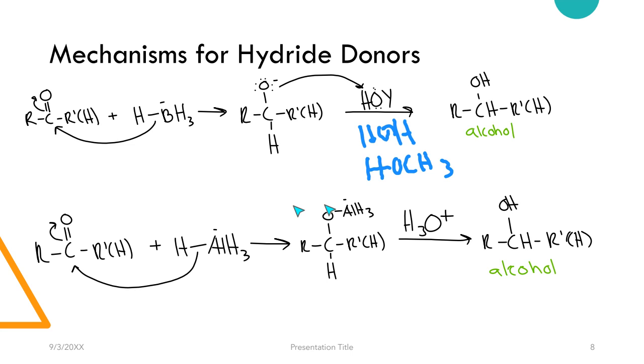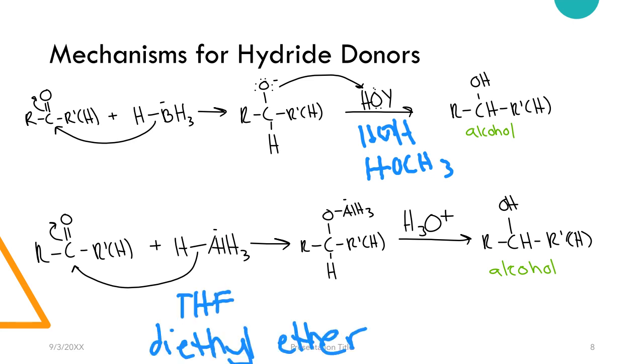And with the aluminum hydride, you can use a non-protic solvent, THF or diethyl ether. You cannot use DMSO because DMSO is more or less a carbonyl compound adjacent, so it'll do things you do not want it to do.